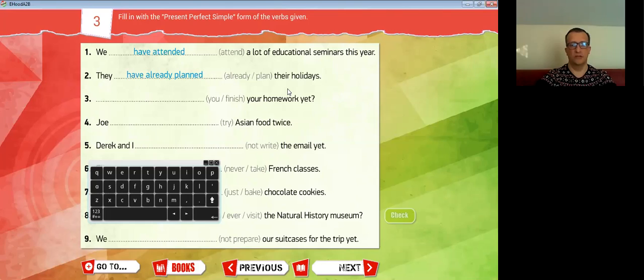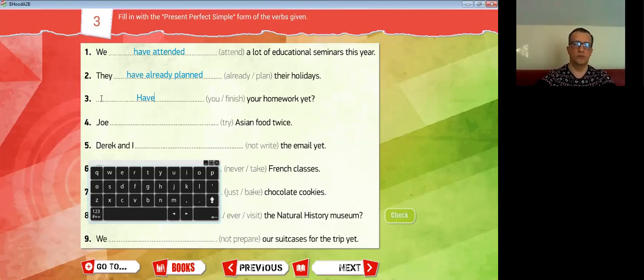Third one. Here, there's a question. So, your homework yet. Yet here, as you see, is used at the end of the sentence. And it is used with question and negative forms. We can use yet only with question and negative sentences. Here, it is used with the question form. So, if there's a question and the pronoun is used, we use have first.